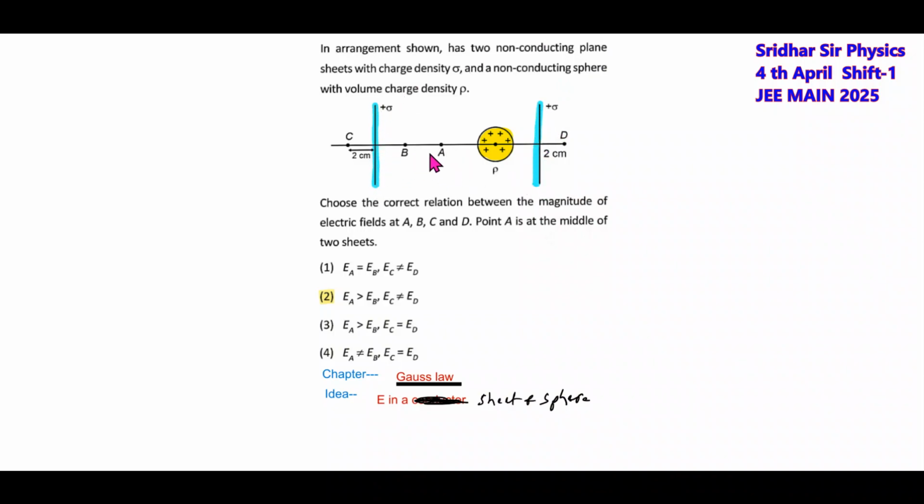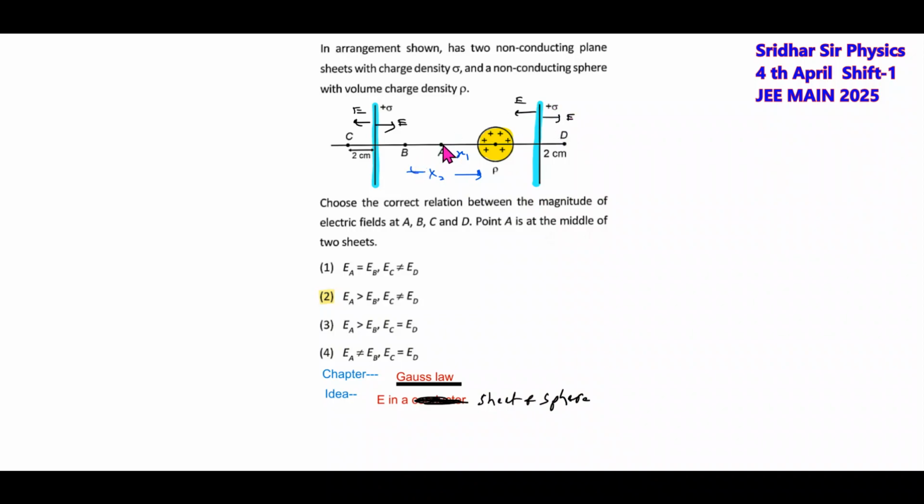Now he's asking only about comparison, not value. So this distance you can call x1, this x2. Definitely the sheet will produce field E in this direction, and this one will produce field E like this.